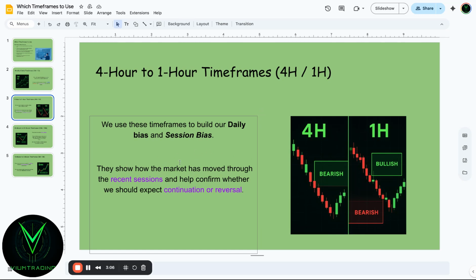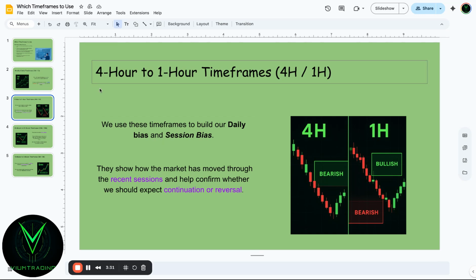So this is for the previous recent sessions, and it helps to understand, if we trade Tokyo and then we're going into London, whether London is going to have a continuation, or is going to create a reversal, or come back to whatever.